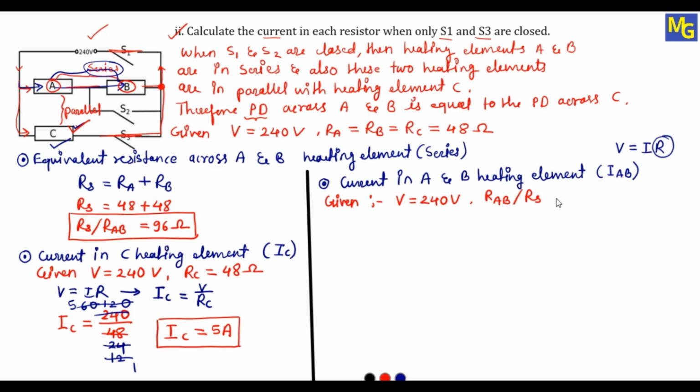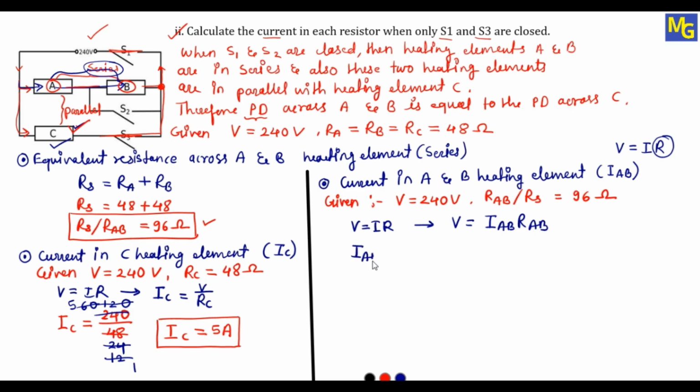So our formula, Ohm's law, that is V is equals to IR, or I can write it as like this also we can write, which will be very easy. So that is nothing but V is equals to IAB, and sorry, R it should be RAB. Now we have to find out current, no? So rearrange it. So IAB is equals to V divided by RAB.